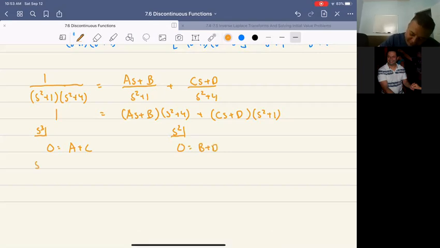Okay, how about the s terms? The s terms are going to be 4a plus c equaling 0. Okay, and finally the constant terms are going to be 4b plus d, and that equals 1.